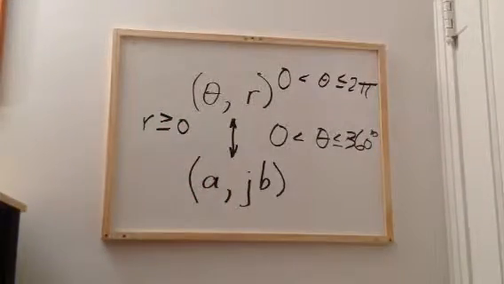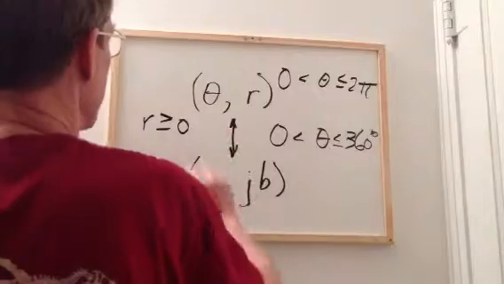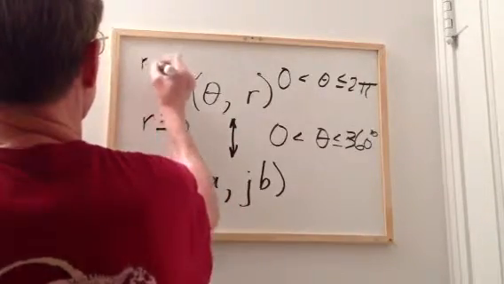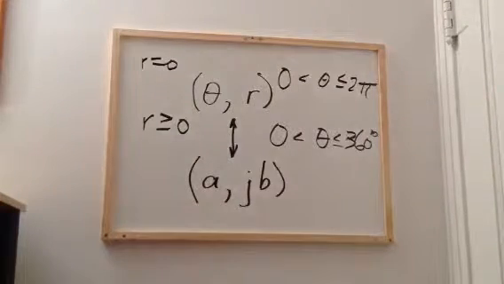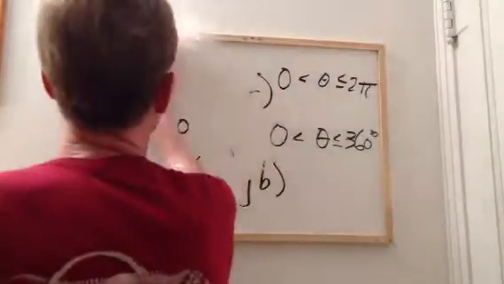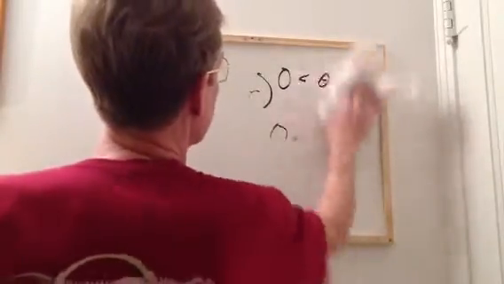Now we end up in a specific case when we have the radius equal to 0, any angle will correspond to the same point, and that's the origin. In that particular situation, we also ruin our one-to-one correspondence.